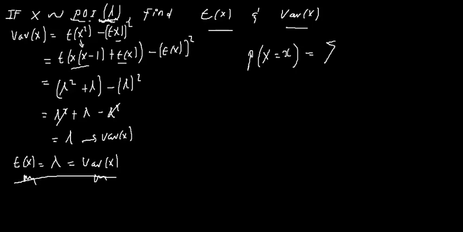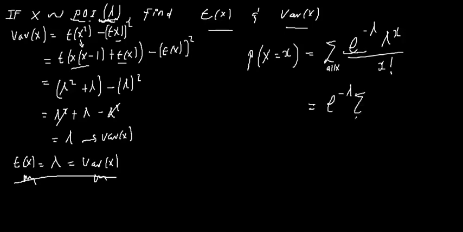So this will be summation of, we just put the distribution itself, e to the negative lambda, lambda to the x over x factorial, like that. And because this is a constant, we take it out. We know it's a constant because we're dealing with a variable x, and this term has no x, so we're remaining with that factorial when we take that out. So if you notice, this is the exponential of lambda here.